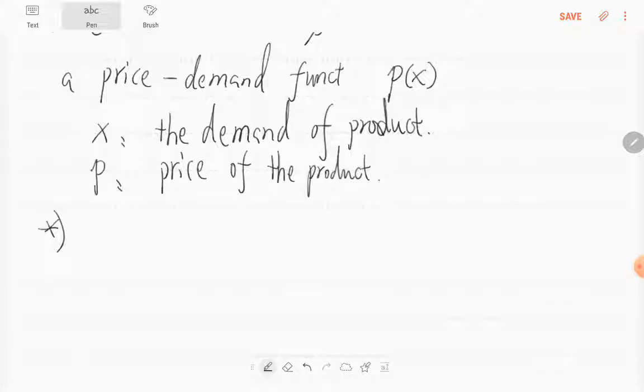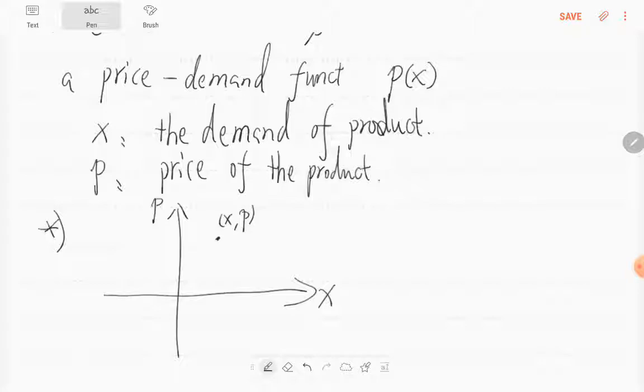So if p of x represents a function, then the point x and p, where x is the demand of the product and p is the price of the product, is on the graph of this price demand function.